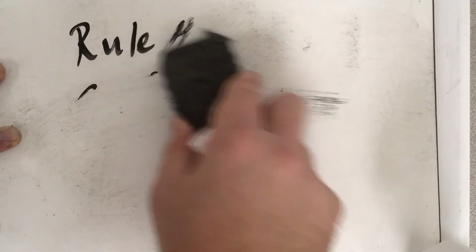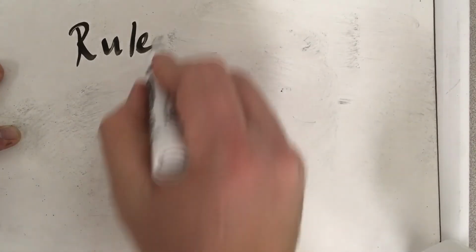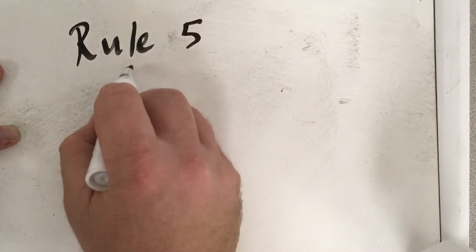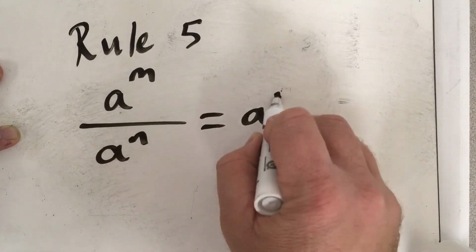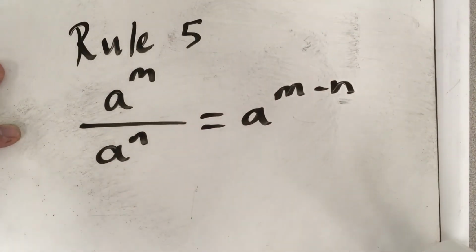Rule 5, same base, but you're dividing. The shortcut is to keep that base, subtract those exponents.